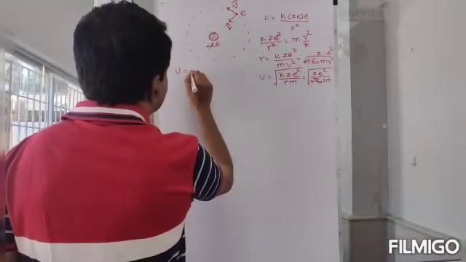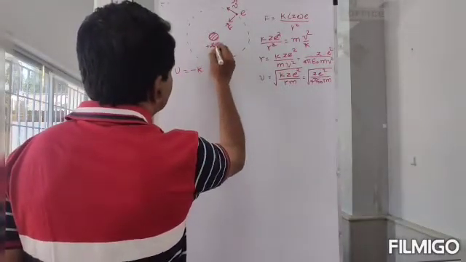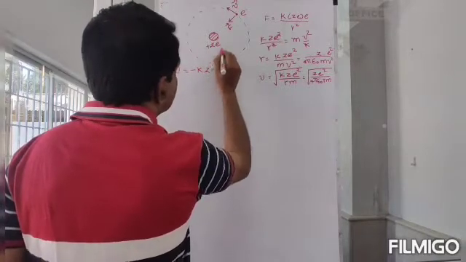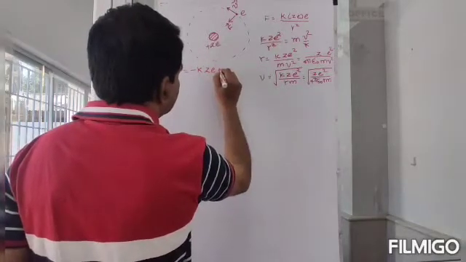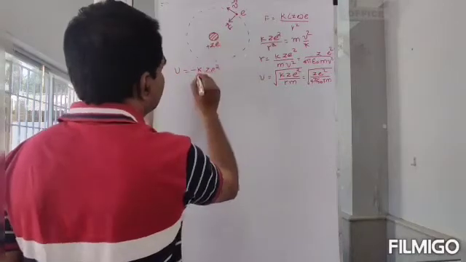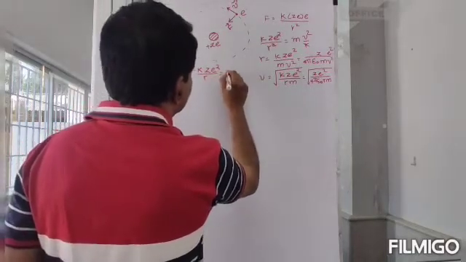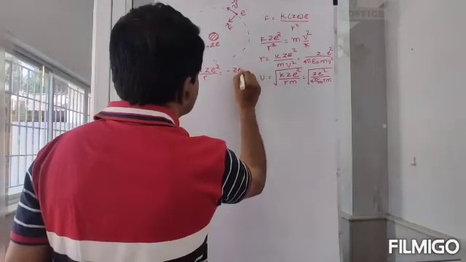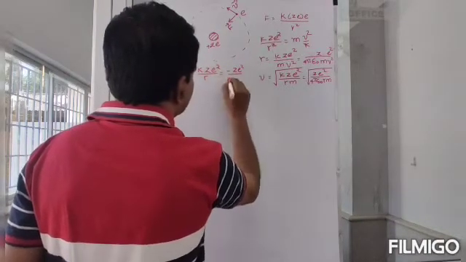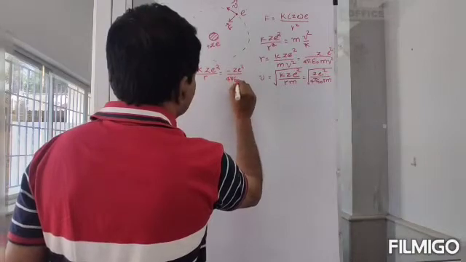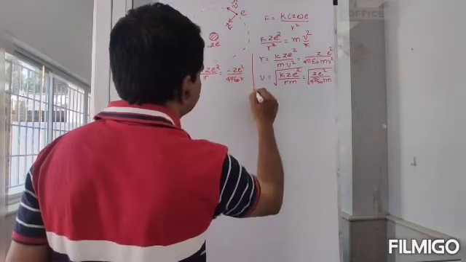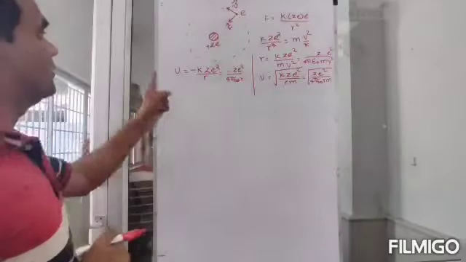So that would be minus k, q1 is going to be z e, and q2 is e, so z e square by r. Okay, so that gives you minus z e square by 4 pi epsilon naught r.